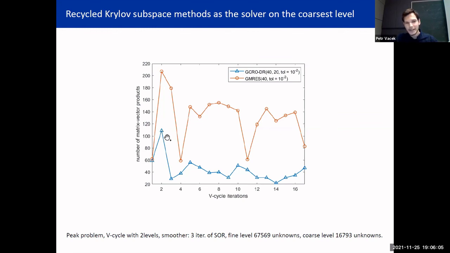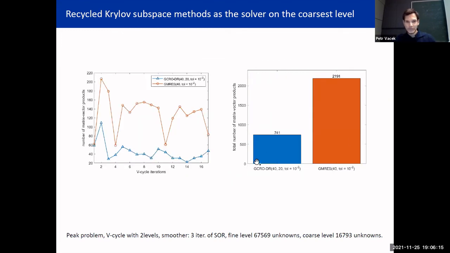So in the second run, it required half of the matrix vector products of GMRES. And if we look at the total number of matrix vector products performed on the coarsest level after 16 V-cycle iterations, we see that GMRES needed nearly 3 times more matrix vector products.